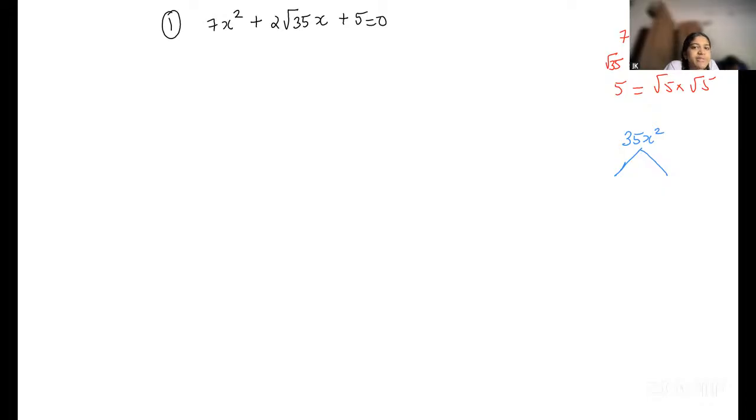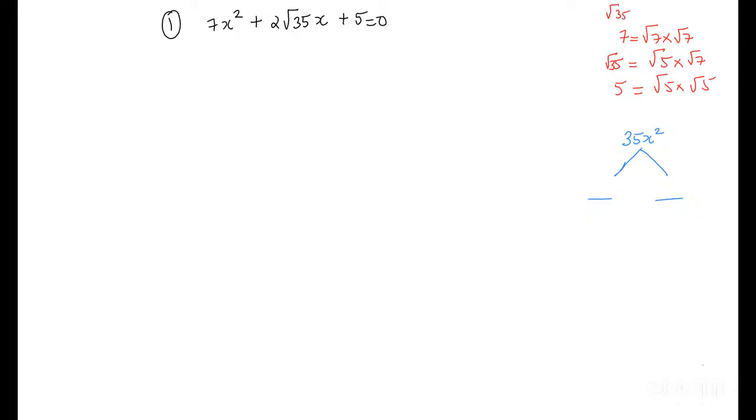Then I don't understand how to get 2 root 35x. So okay, one more thing you should know that root 35, sorry, 35 can be written as root 35 into root 35. Okay? Did you understand? Yeah.